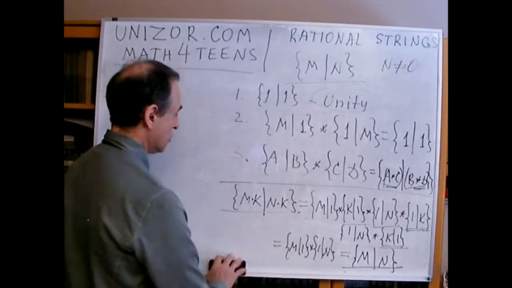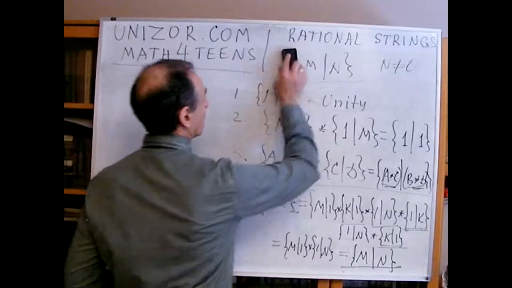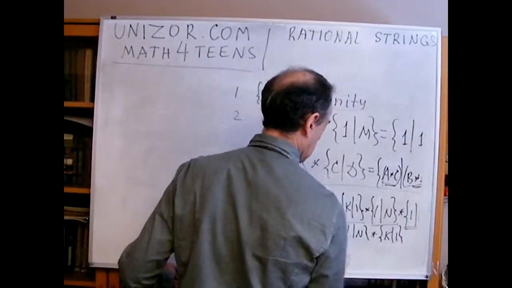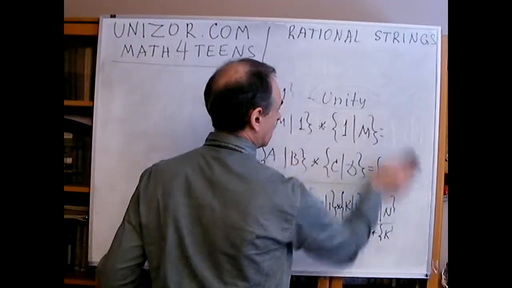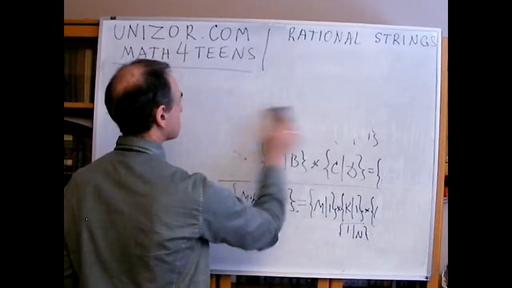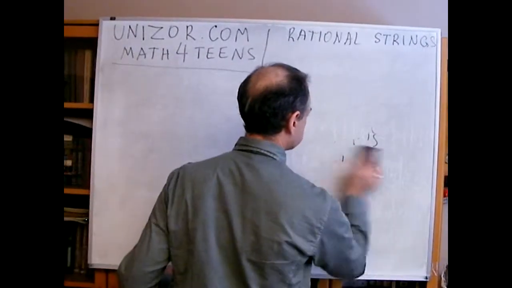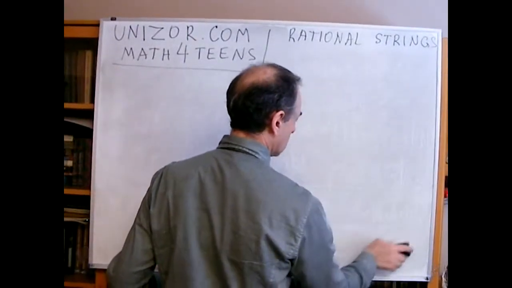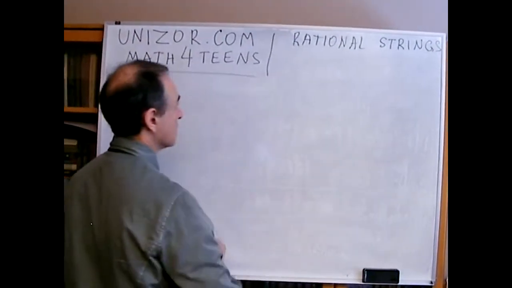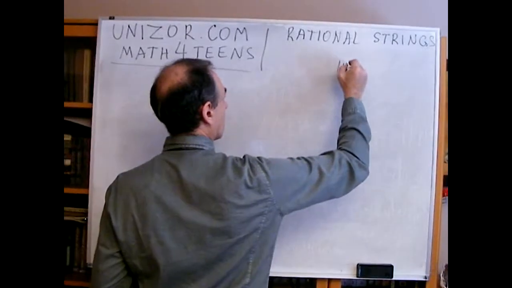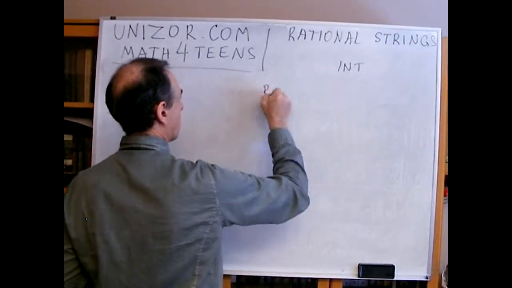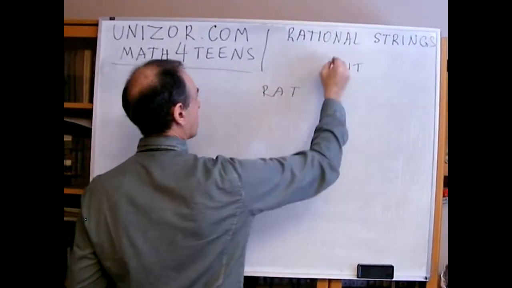Now, as you probably have guessed correctly, all I have to do is to put into correspondence my integer numbers and my new rational numbers. So again, these are integers, these are rational numbers.